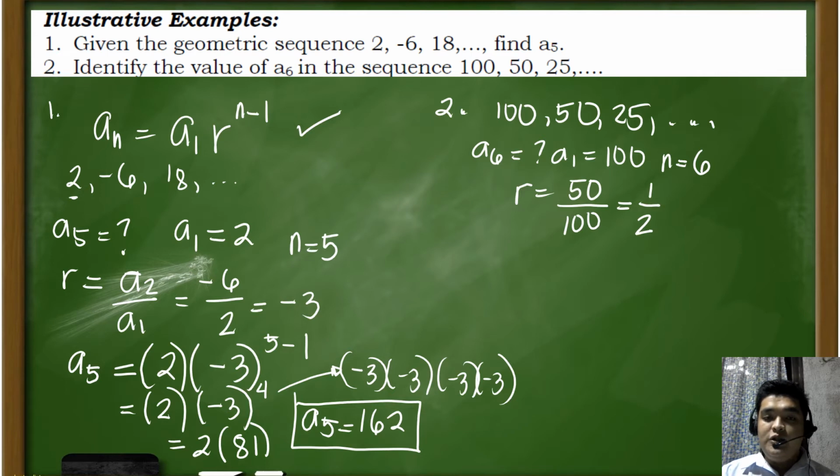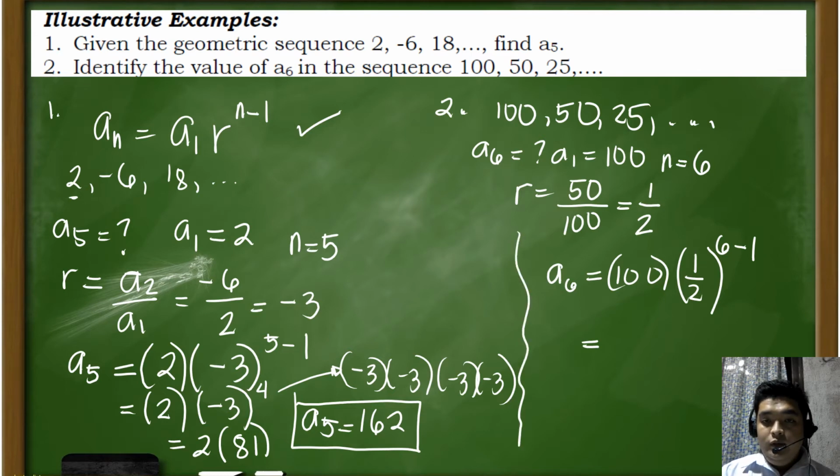Let's substitute. A sub 6 equals a sub 1, which is 100, times 1 half raised to 6 minus 1. What is 6 minus 1?